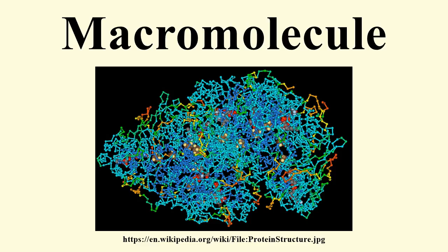Definition. IUPAC definition: macromolecule, polymer molecule, a molecule of high relative molecular mass, the structure of which essentially comprises the multiple repetition of units derived, actually or conceptually, from molecules of low relative molecular mass. Notes: 1.